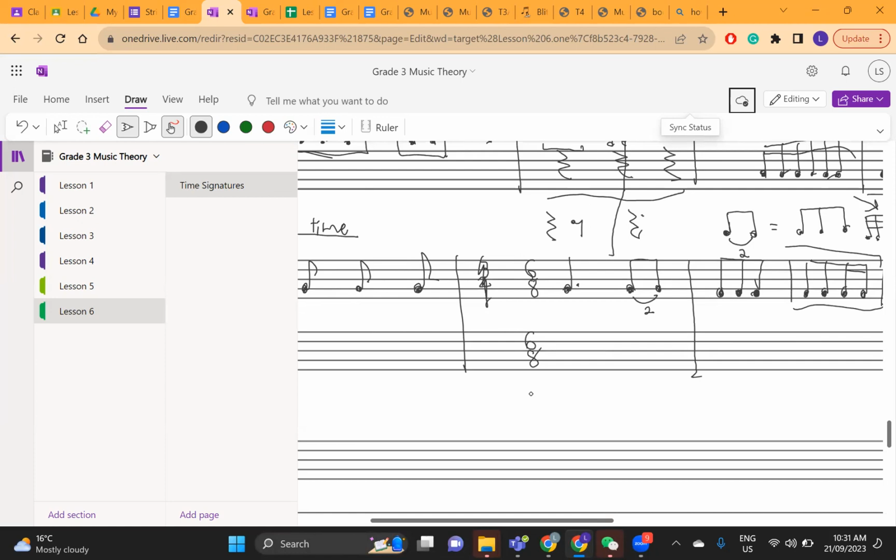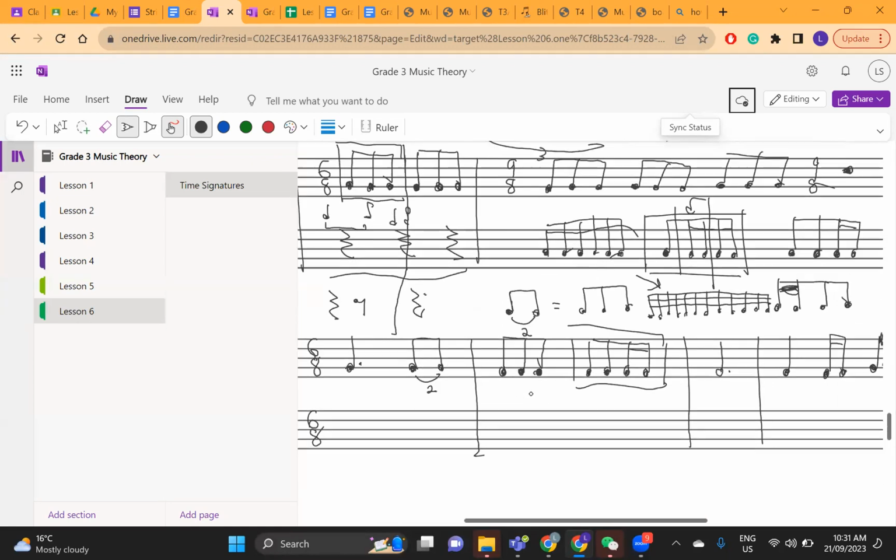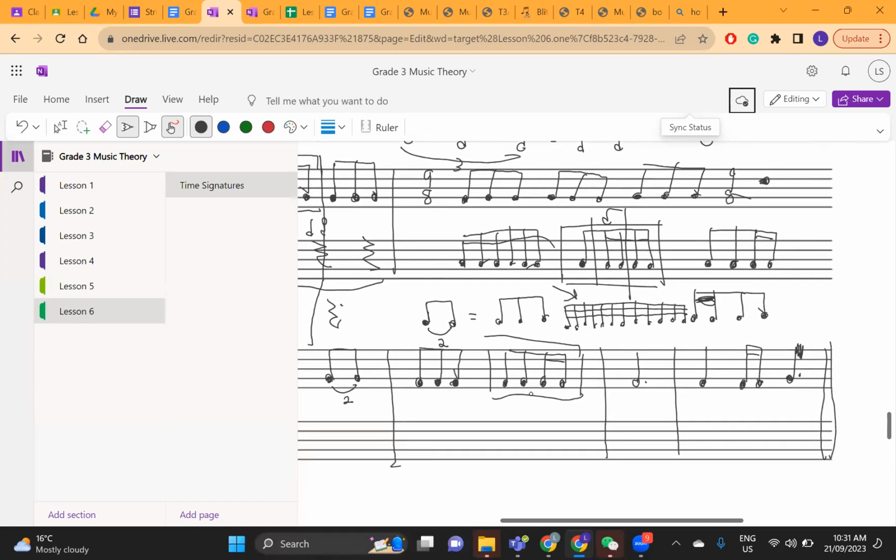It's kind of a starter to what we're going to do next lesson, where we're composing our own rhythm. So 1, 2, 3, 4, 5, 6. So that's the rhythm that we just did together.